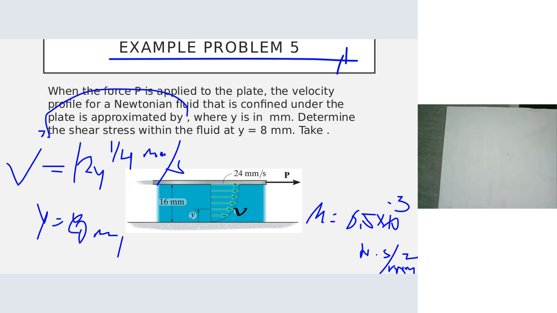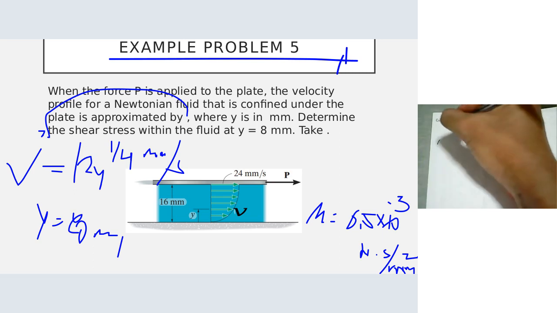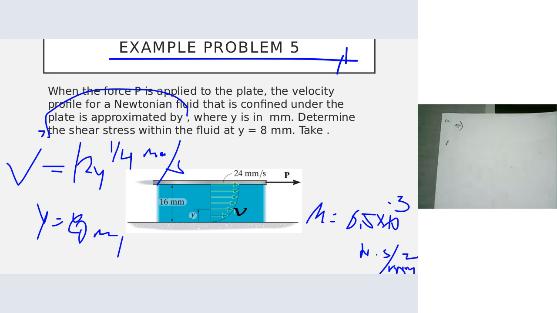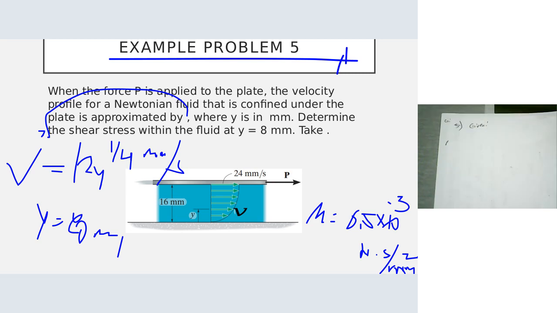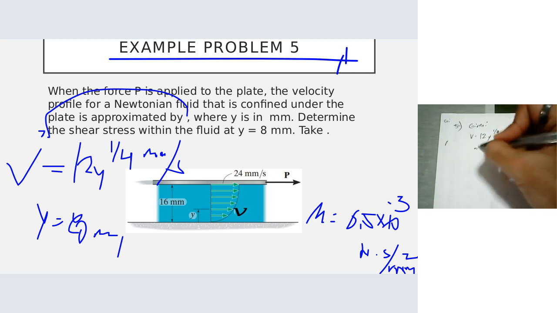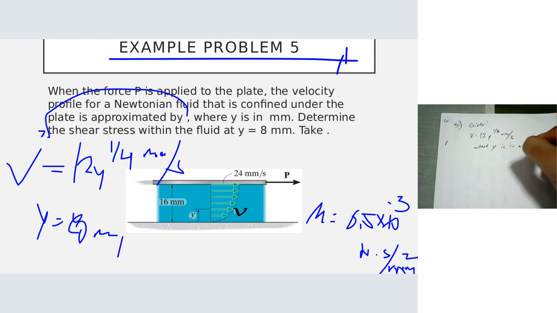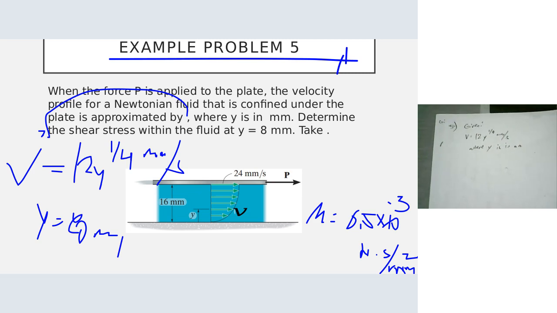Okay. So we have problem 5. We are given the velocity equation, 12y raised to 1/4 mm per second, where y is in millimeters.